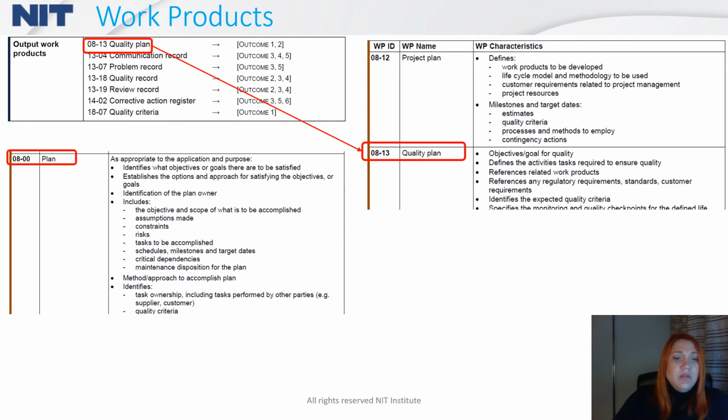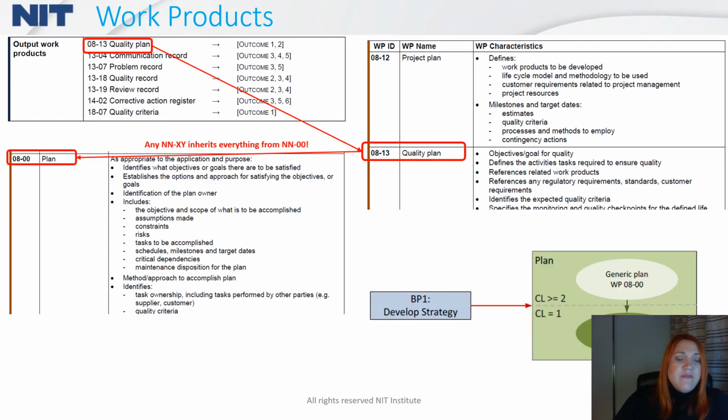Later on, we will talk more about the higher levels of Automotive SPICE. But here I just wanted to summarize that in base practice 1, in most of the processes, you will find something like develop strategy. Develop strategy means that you need to have the quality plan, the project plan, the configuration plan, and similar.